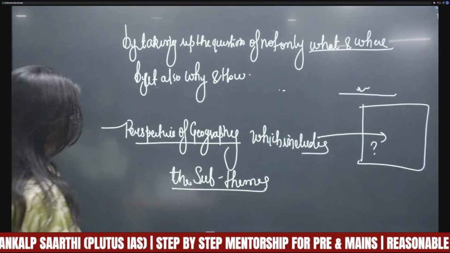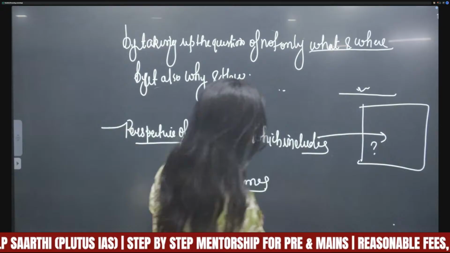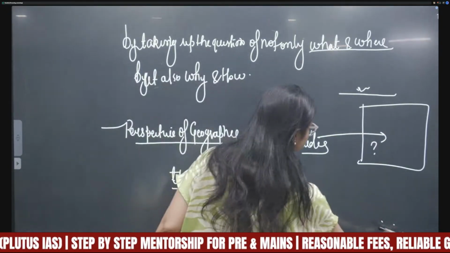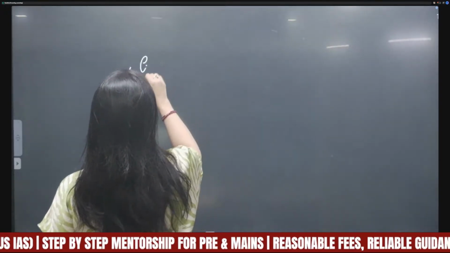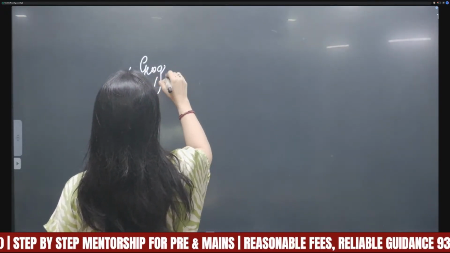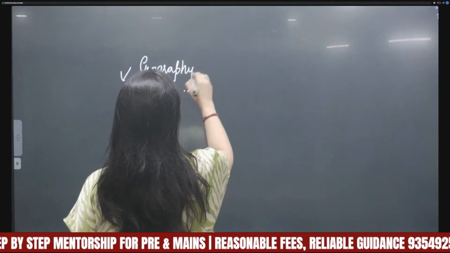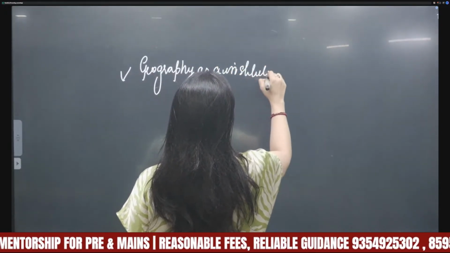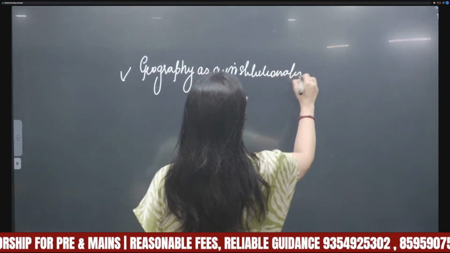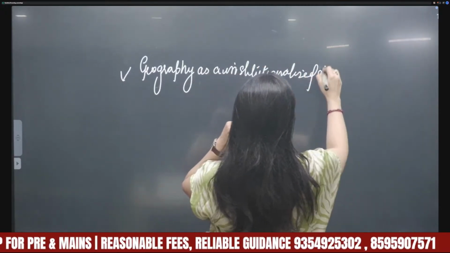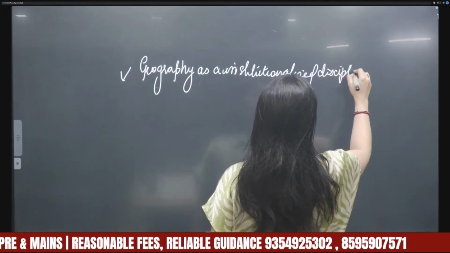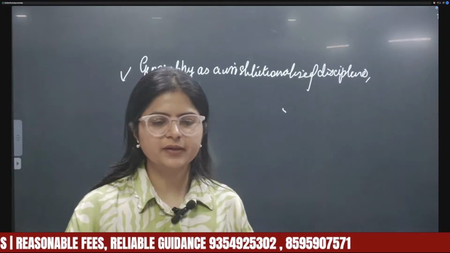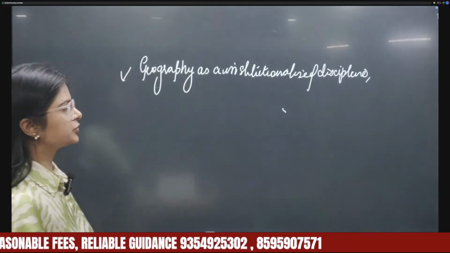Geography as an institutionalized discipline. We'll write this as the first point, geography as an institutionalized discipline. Then geography can also be read as, what else? It can also be read as geography and its places in the classification of knowledge.